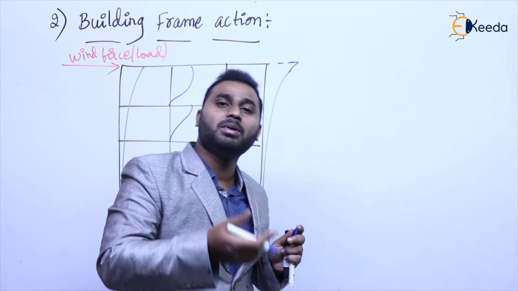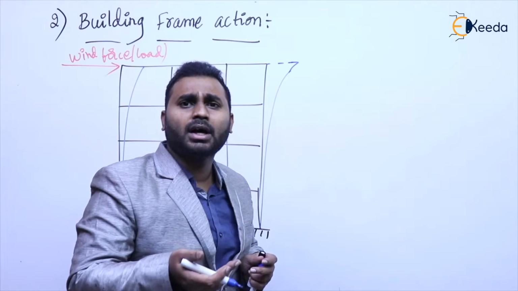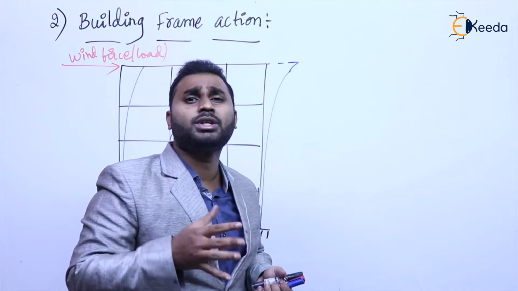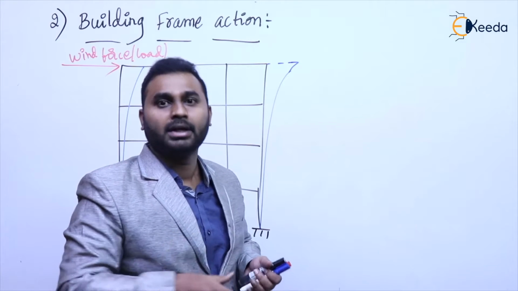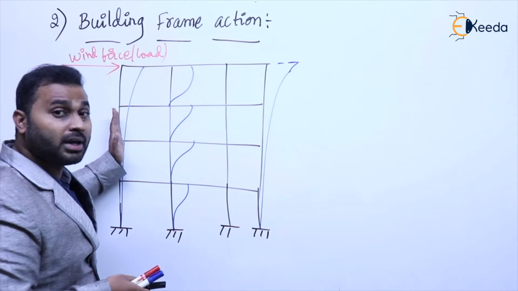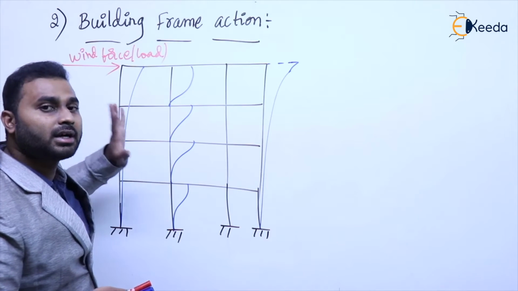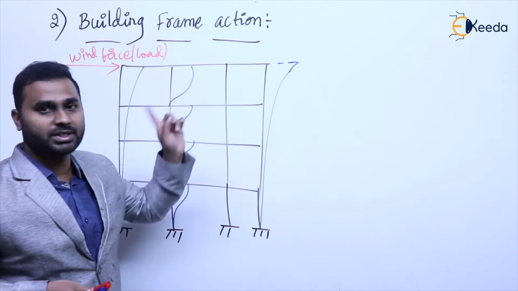Even though the sway may be prevented or reduced by providing some bracing system or core wall, mainly this wind load is to be resisted by developing bending action in the column. In this way there occurs bending moment in the column by building frame action. Is that okay? So this is the second reason.